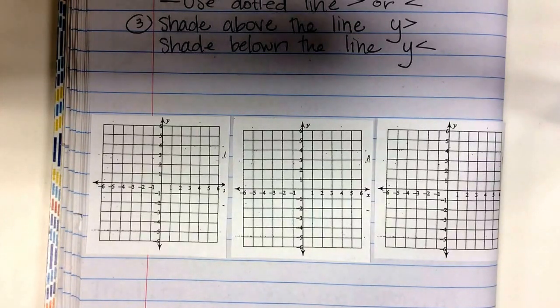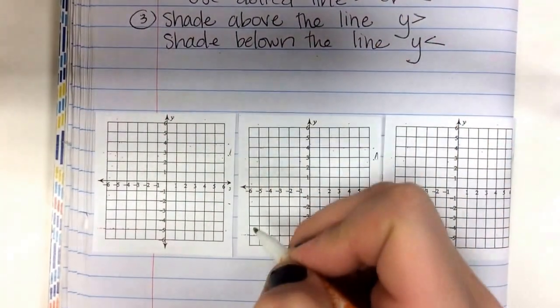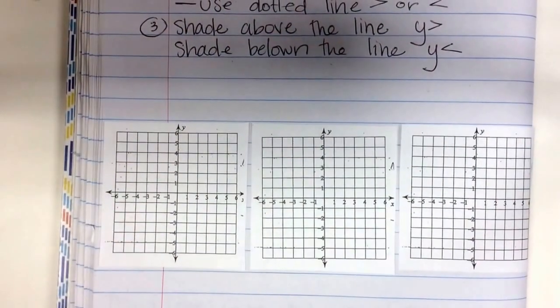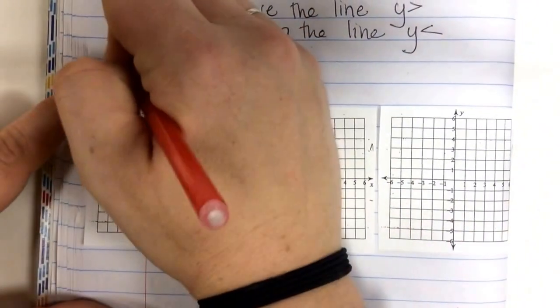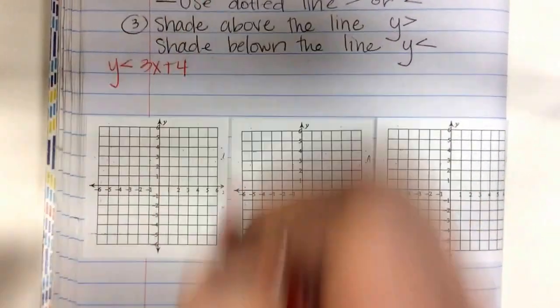All right, guys, are you almost done gluing? When you're done gluing, let's write down our equations. Let's do y is less than 3x plus 4.